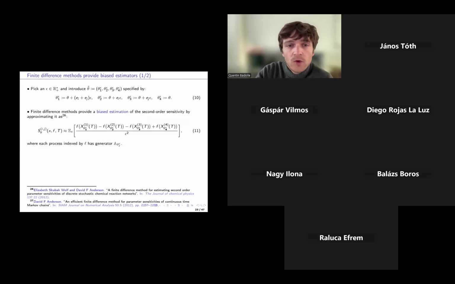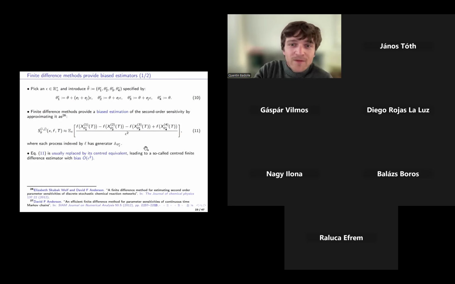And then you can define these finite difference methods just by approximating the second-order derivatives in the usual way. And so you usually introduce 4 processes, where the process indexed by l has generator A_theta_l. So to this process 1, you associate the parameter theta_1, which is defined like that.